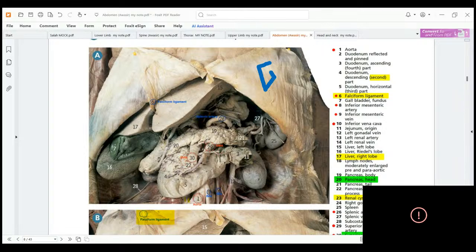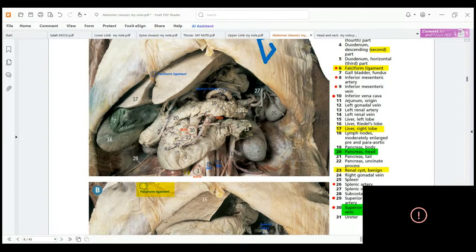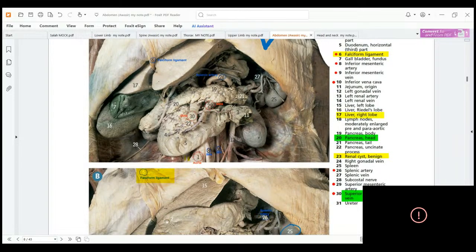Where is inferior vena cava? Inferior vena cava will be on which side, right or left? Vena cava will be left. Maybe this one here, I'm not sure. I think it's in the second picture.